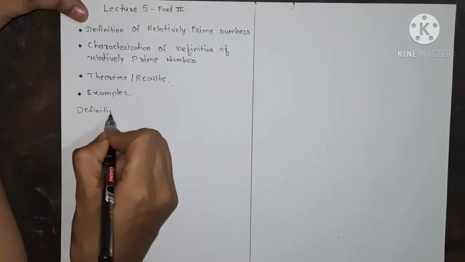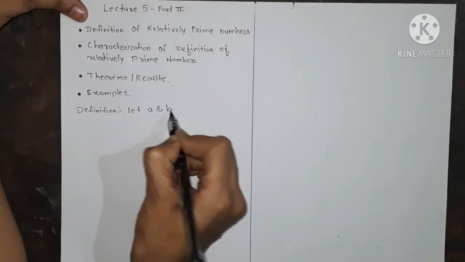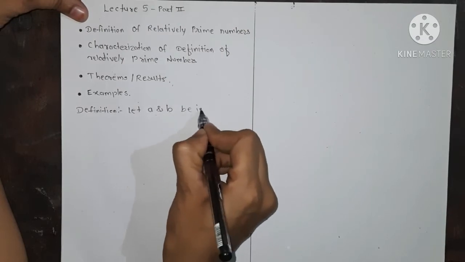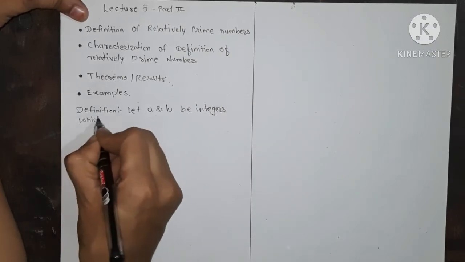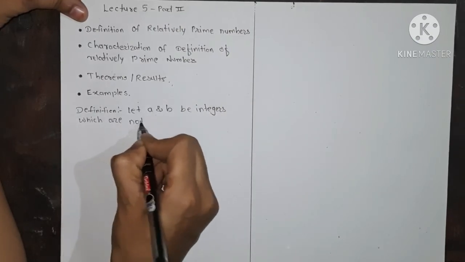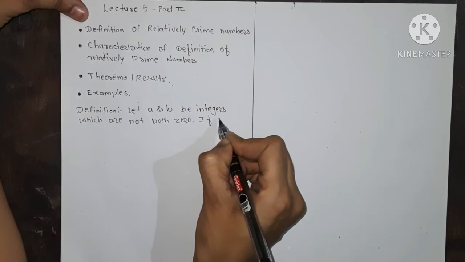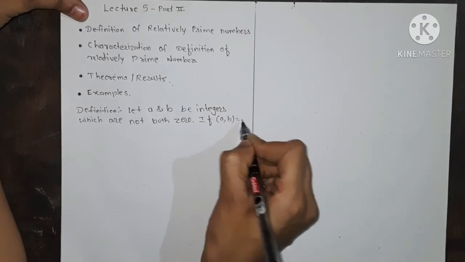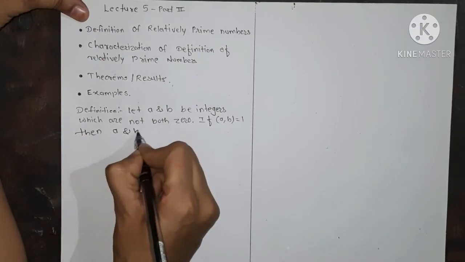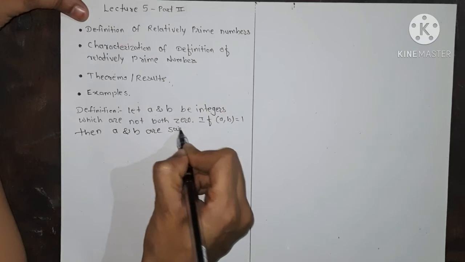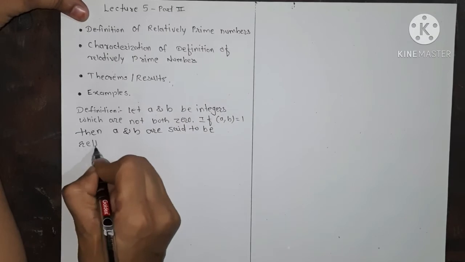Definition: let a and b be integers which are not both 0, and if the GCD of a comma b is equal to 1, then a and b are said to be relatively prime.